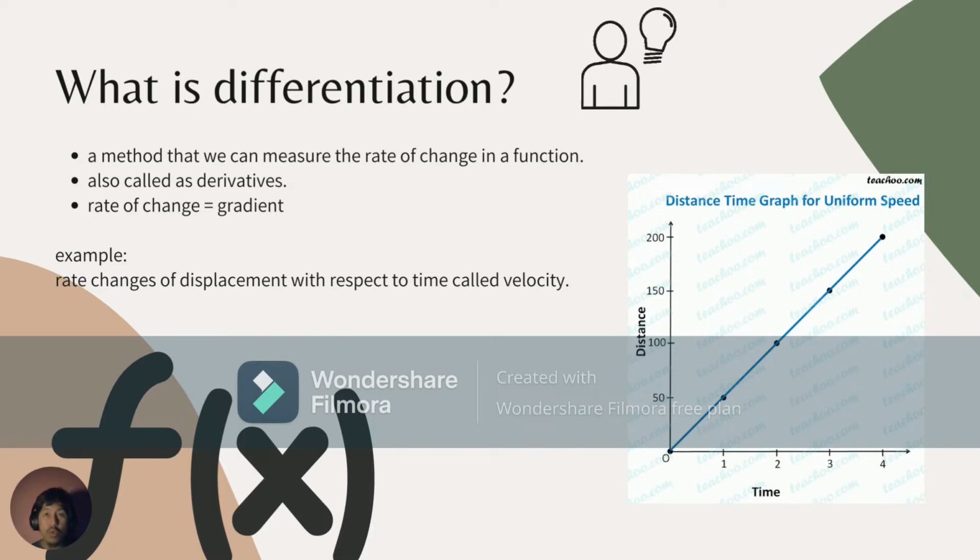If we want to calculate the gradient, we will use this formula: delta y divided by delta x. So if we use this formula, we can find the gradient, which means we can find the rate of change from the graph. For example, rate of change of displacement with respect to time is called velocity.